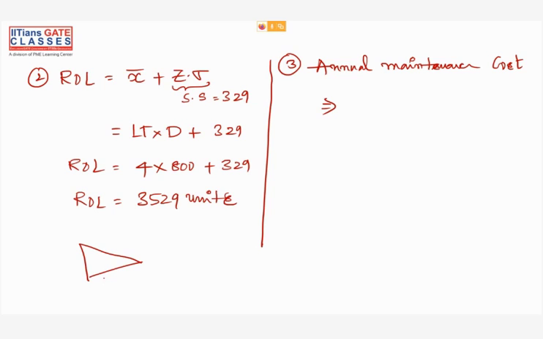For 1 week, you are having 800 of demand. But lead time is how much? 4 weeks. It means that for making one replenishment, you have to order 4 weeks ahead, so that when you are starting that week, you are getting that replenished.